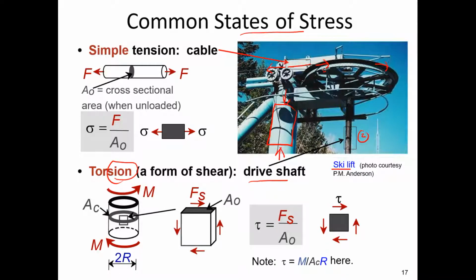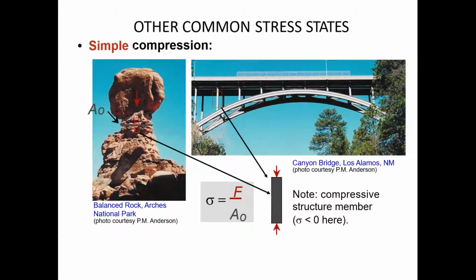Let us look at another example. Here is a simple compression example. We have this large rock, or we call it a boulder, which is applying compressive stresses on the rock that supports the boulder.